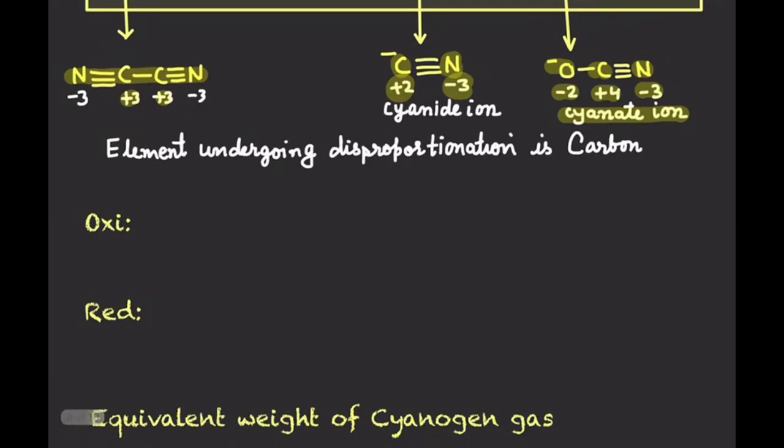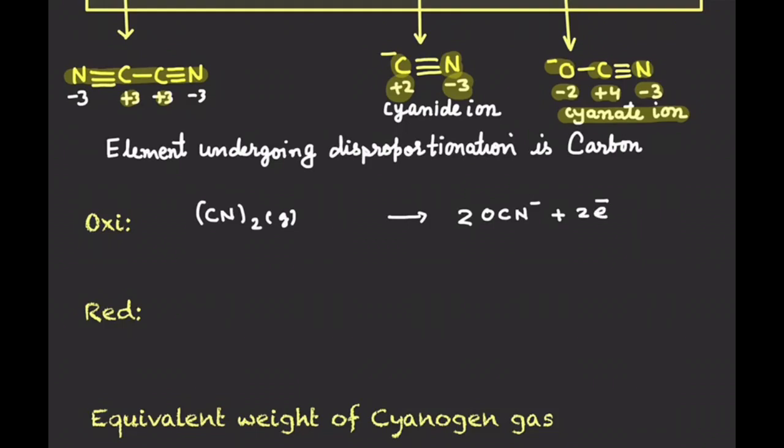When we are discussing balancing of this reaction, we can write that (CN)2 in gaseous state is converted into OCN minus, where carbon is going from +3 to +4. First we balance the number of carbon atoms, so multiply the right hand side by 2. Carbon from +3 is going to +4 by losing 1 electron, so 2 carbon atoms will lose 2 electrons.